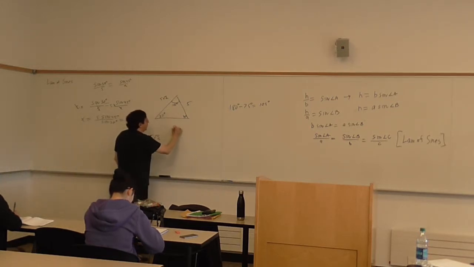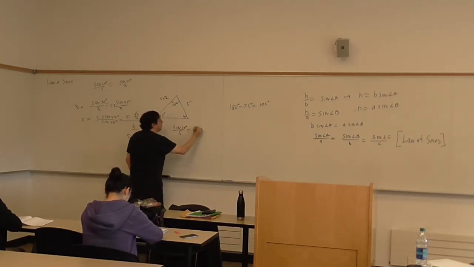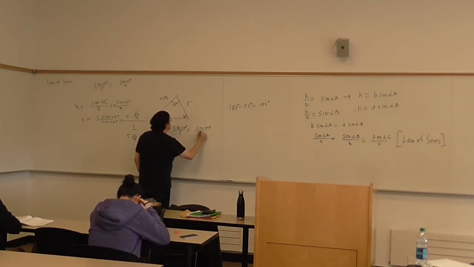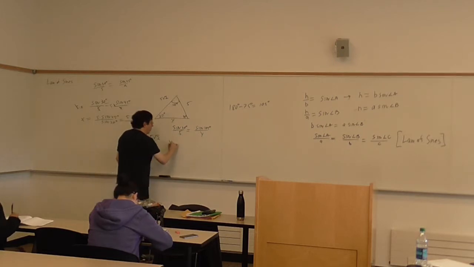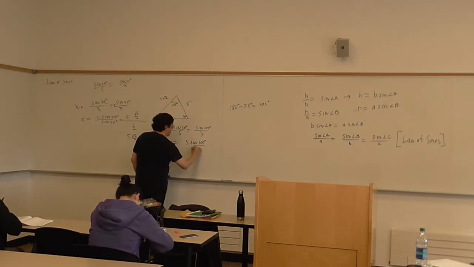Okay, so we have our angle. We could go back to sine of 30 degrees over 5 equals sine of 105 degrees over, I guess we'll call this y, or y equals 5 sine of 105 degrees over sine of 30 degrees.